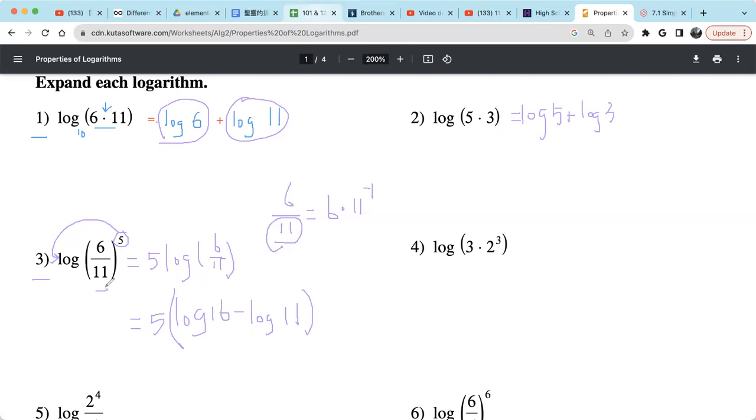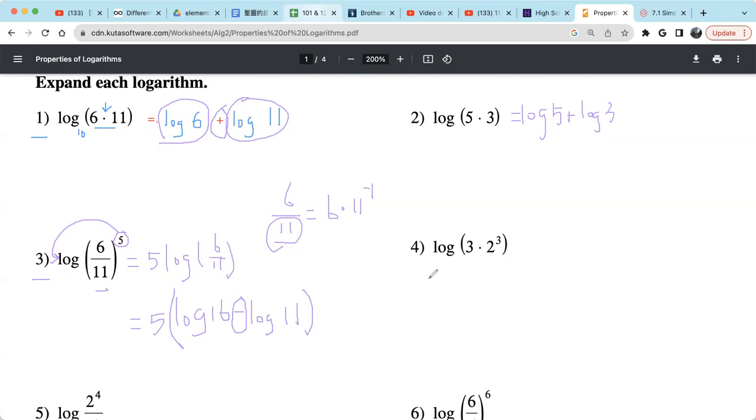To remember this: if it's a quotient in the value, it's a subtraction of 2 logs. If it's a product, it's an addition of 2 logs. If the value has an exponent, we pull the exponent up front of the log.